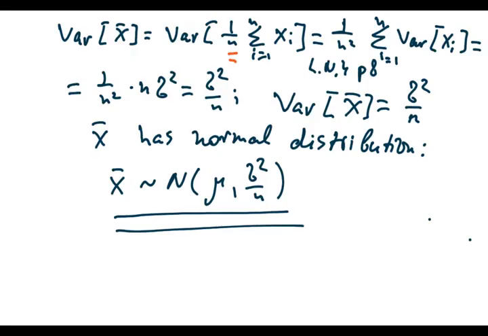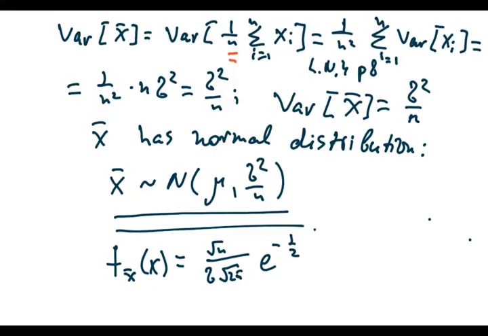So this means that the probability density function for x bar has this kind of representation. It's square root of n divided by sigma times square root of 2 pi, e to the power of minus half, x minus mu squared divided by sigma squared divided by n.